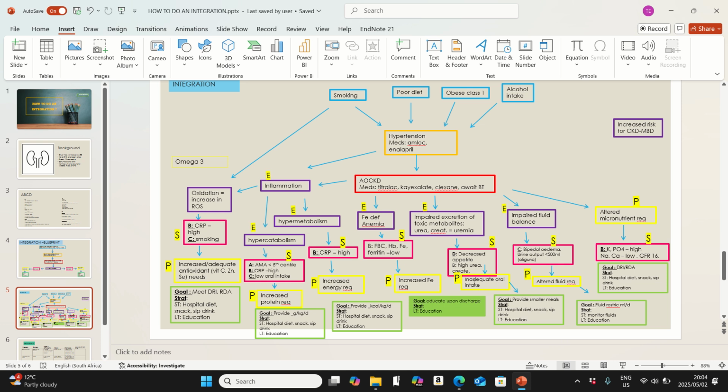And then your problem would be also inadequate oral intake. Okay, because uremia decreases or causes anorexia and also irritability, things like that, and the patient was irritable. Okay, so your goal for this one can be something like providing smaller meals or providing snacks with meals.